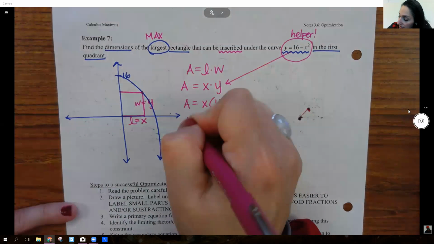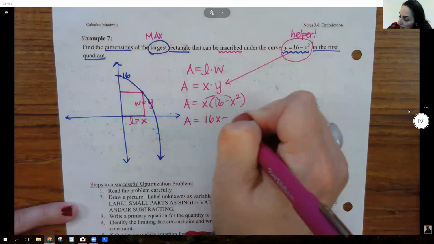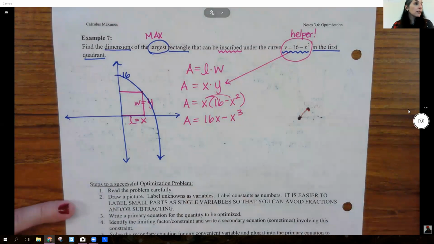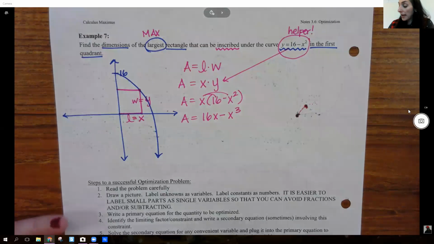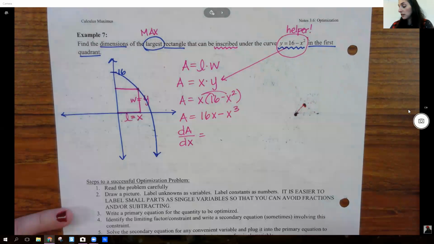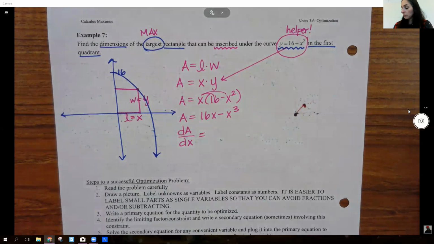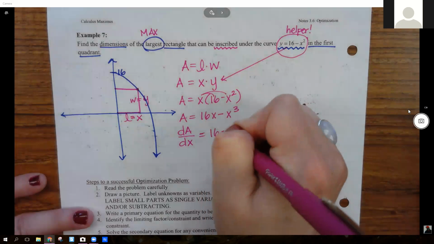Now the rest is a piece of cake. So 16x minus x cubed. Now we're going to maximize it, so we take the derivative, dA/dx. What's the derivative of that? 16 minus 3x squared. Good.